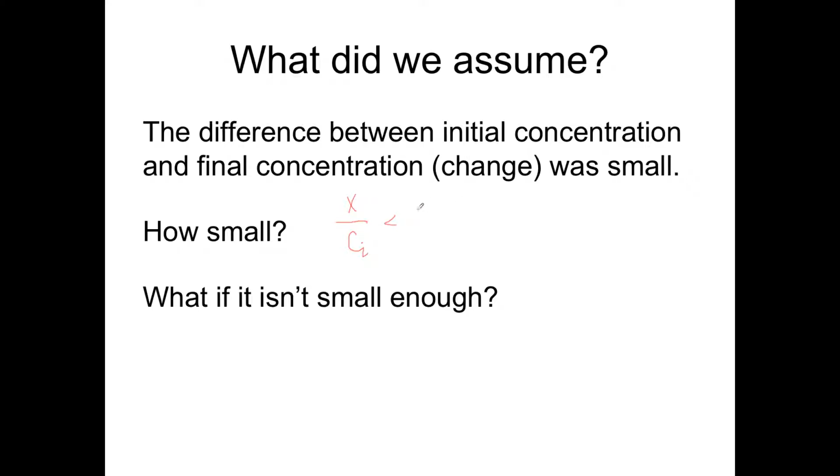If that is less than 5%, we can neglect x in addition problems. I know this doesn't make sense yet, okay? It'll make a lot of sense when we start doing it. So if x divided by the initial concentration is very small, we can neglect it in addition problems.